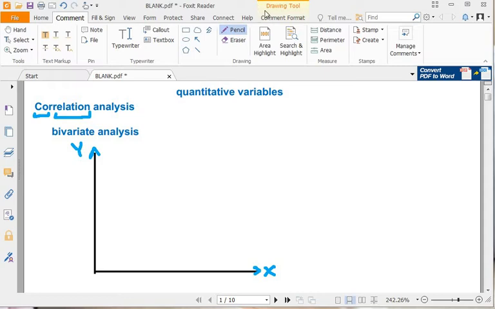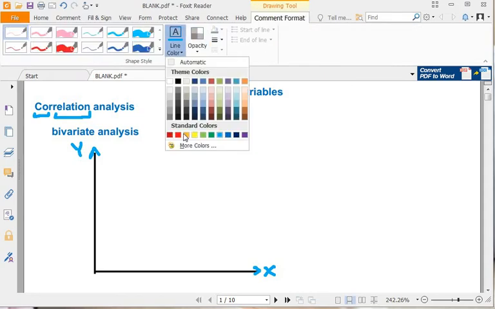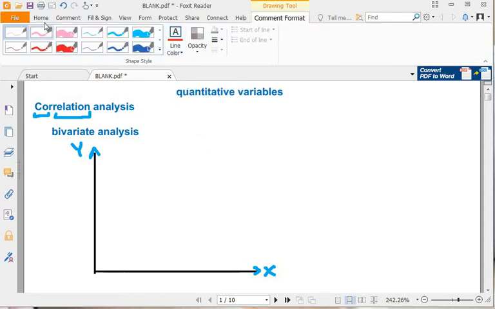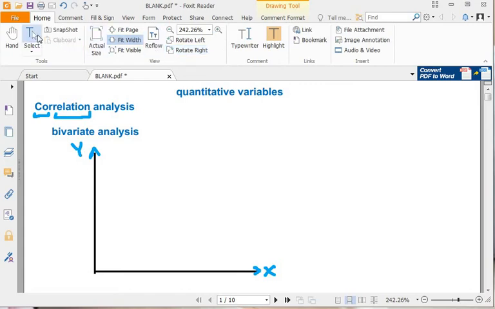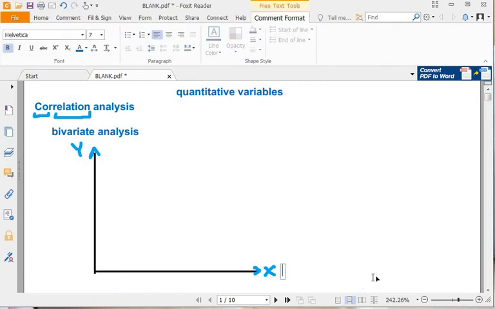What do I mean by trying to understand the relationship between two variables? Suppose I have two variables. Let's say x is the rainfall of a particular place, and I want to look at the agricultural output of that particular place.